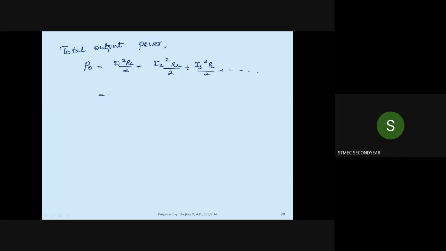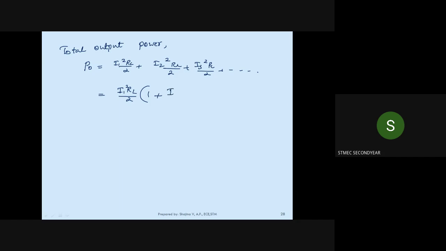So from this I am taking I1 square into RL divided by 2 outside.